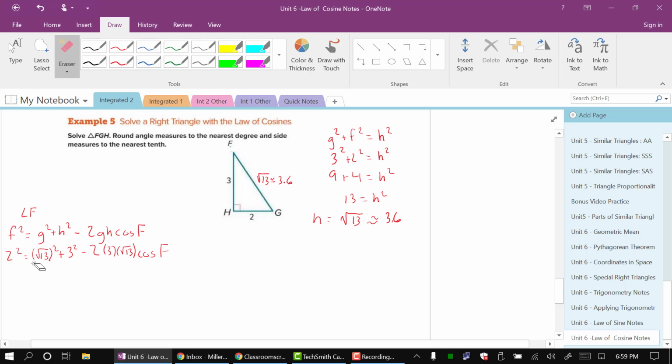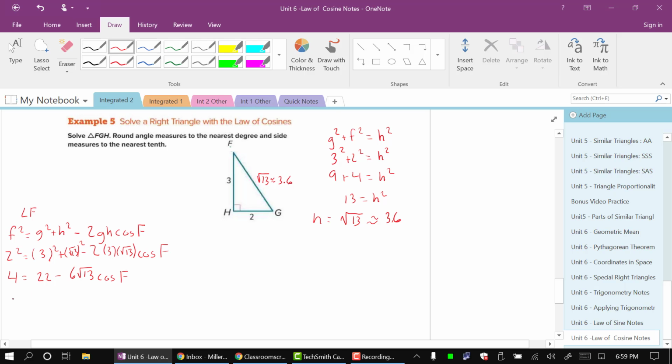Let me fix that so that way you can see where everything lines up. G is 3 squared. This is going to be square root of 13 because that's what h is. So that gives me 4 equals 22 minus 2 times 3 times square root of 13 is 6 root 13 cosine f.